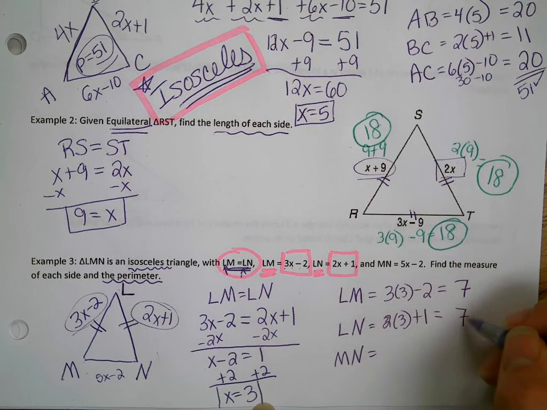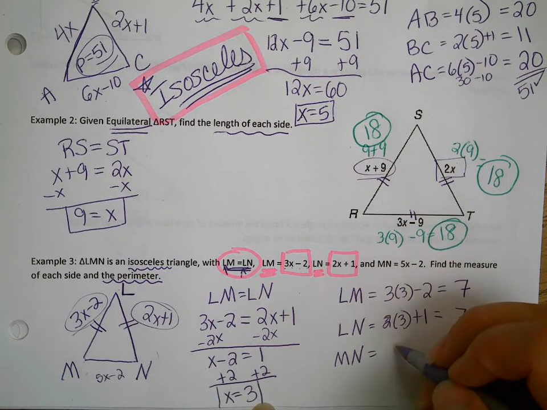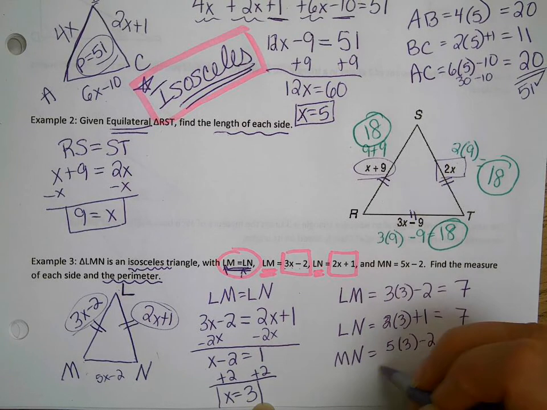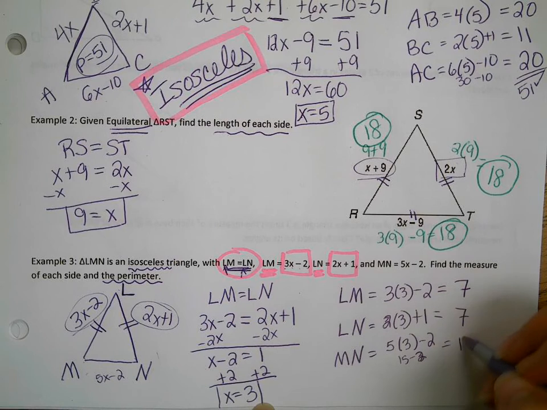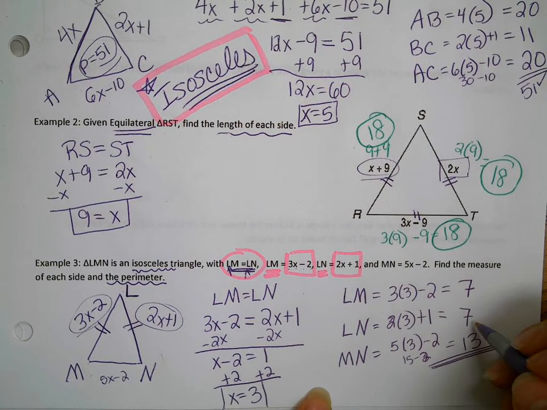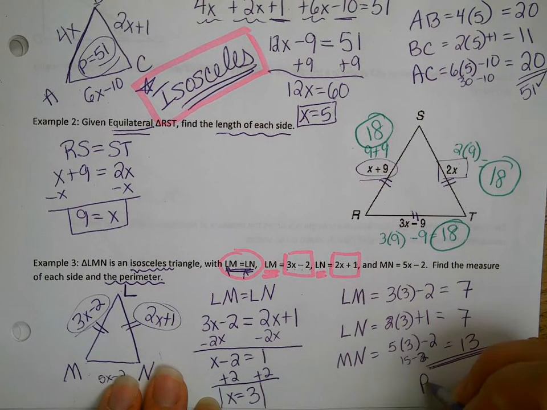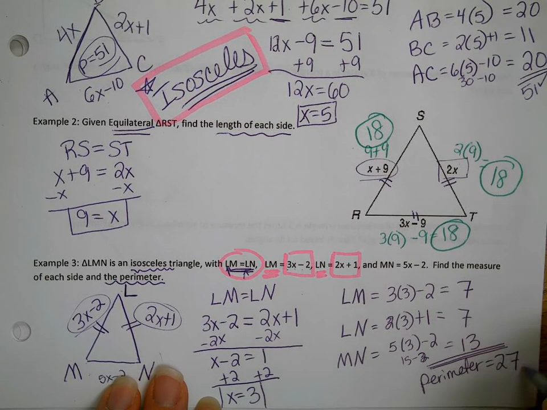Well, those should be equal because those were the equal sides. So we're okay so far. And the last side is 5 times 3 minus 2, which gives us 15 minus 2, which is 13. So adding those sides up, 7 plus 7 plus 13 is 14 plus 13, which gives me a perimeter of 27.